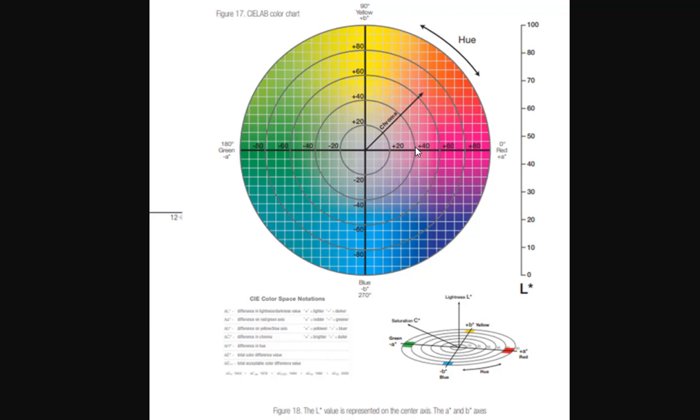So in this specific graphic, A is represented along the x-axis, okay? Meaning A actually goes from green to red, and B goes from yellow to blue, or blue to yellow, if you want to call it. So this is your B axis, this is your A axis.